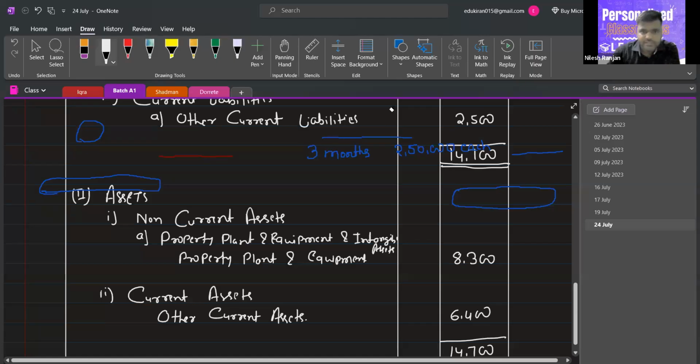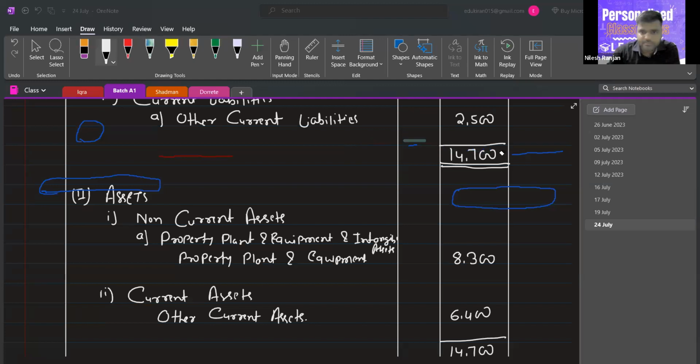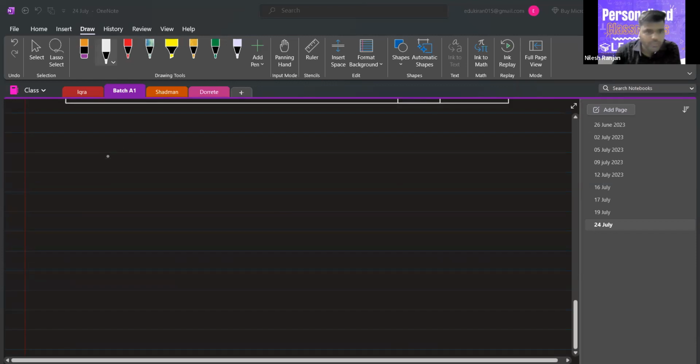Let me first erase this section. Okay, so total amount payable is 10 lakh.